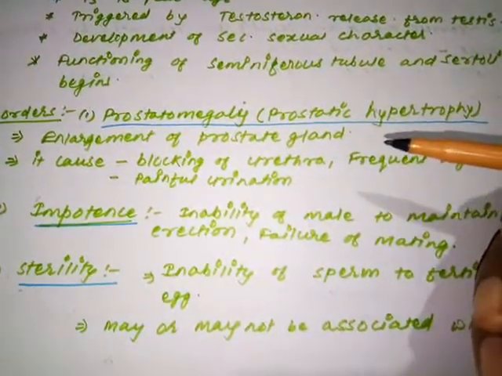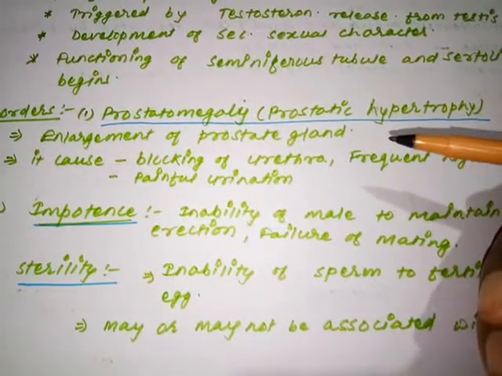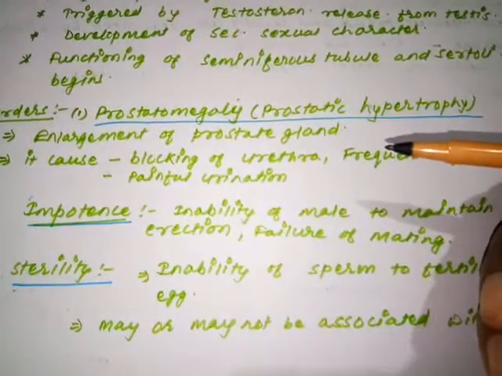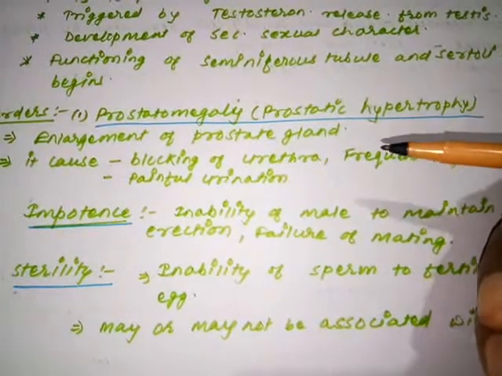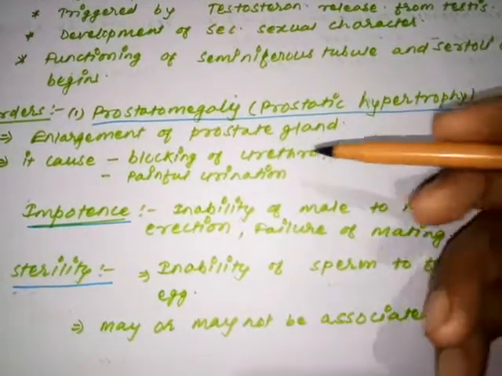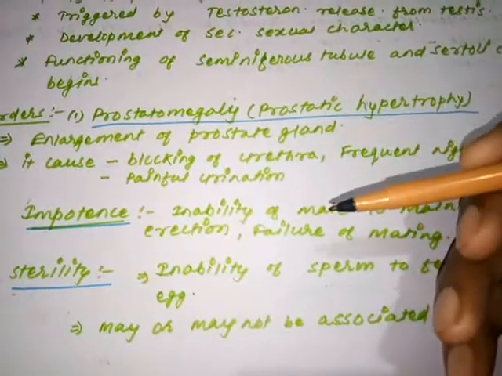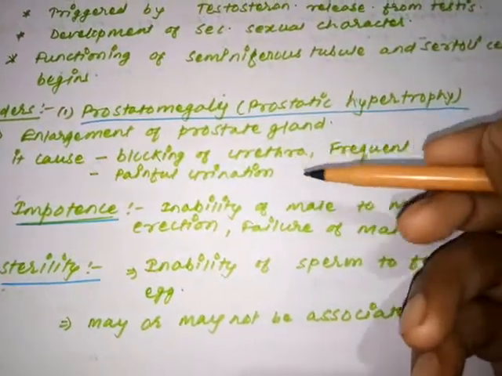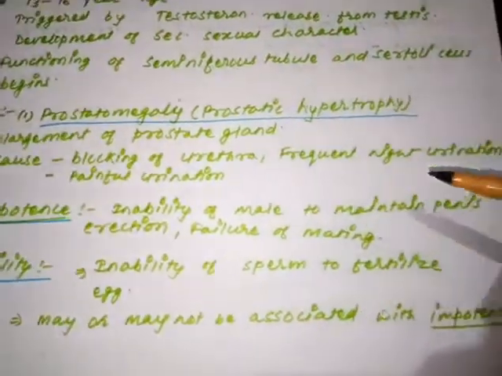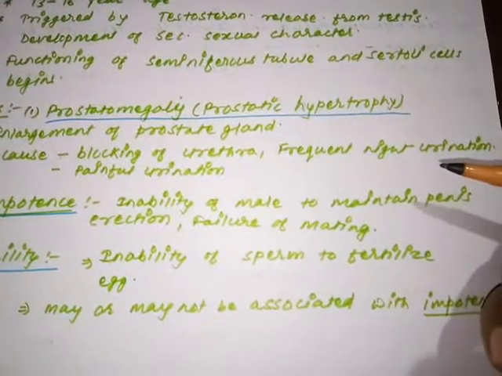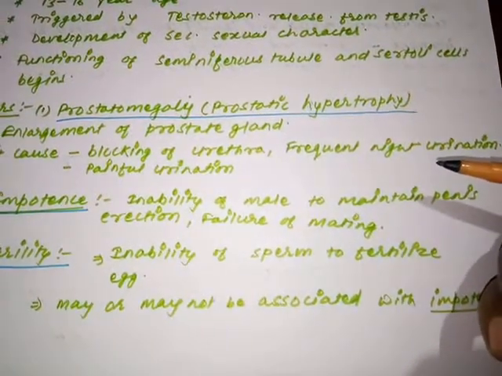It is a normal condition after the age of 50 to 60 years in human males, but we cannot say that each and every one has to undergo it. What happens due to prostatomegaly or prostatic hypertrophy? Due to the enlargement of the prostate gland, it may block the urethra, and due to the blocking of the urethra, frequent night urination is observed in patients suffering from prostatic hypertrophy.